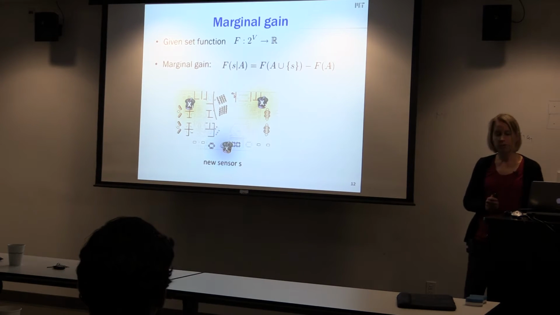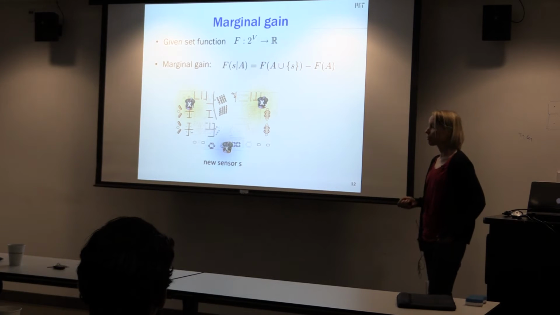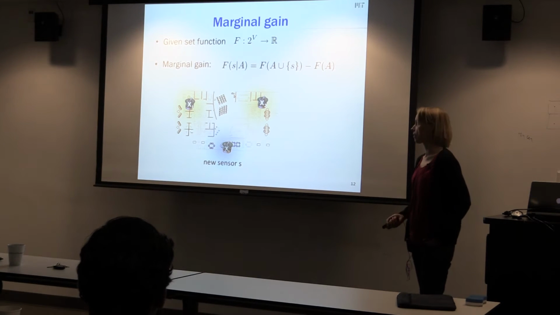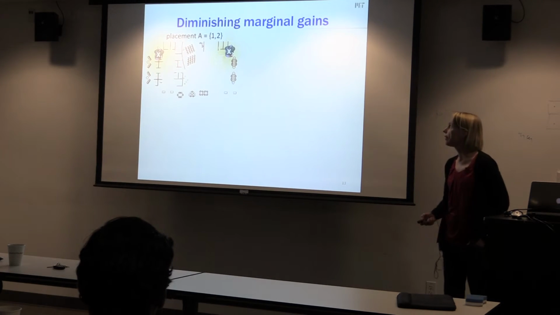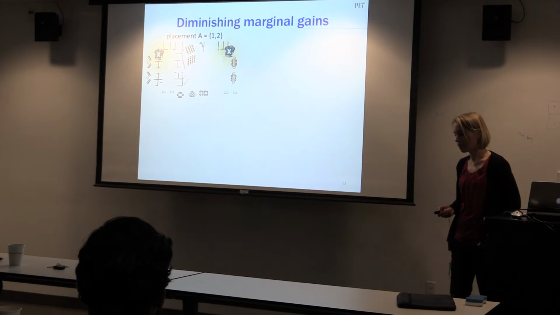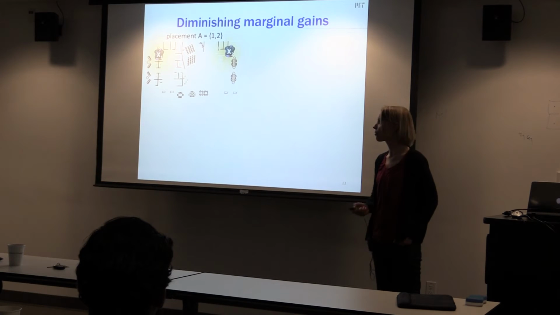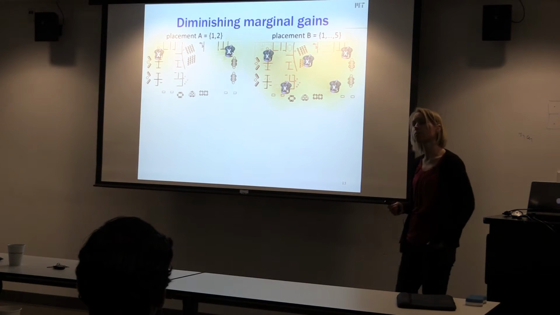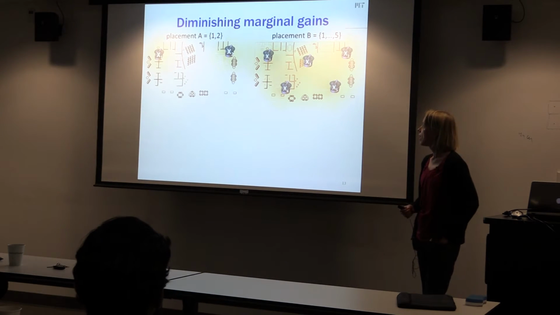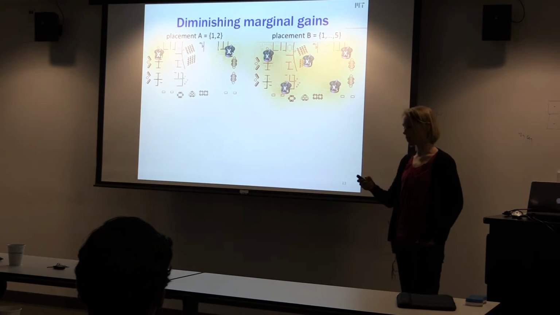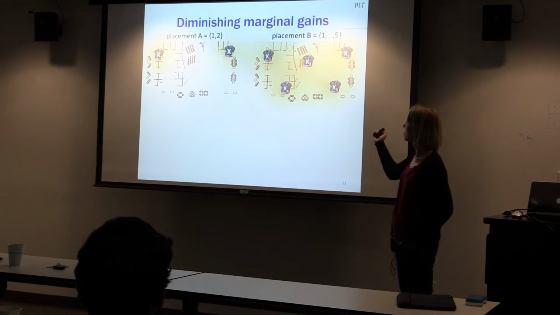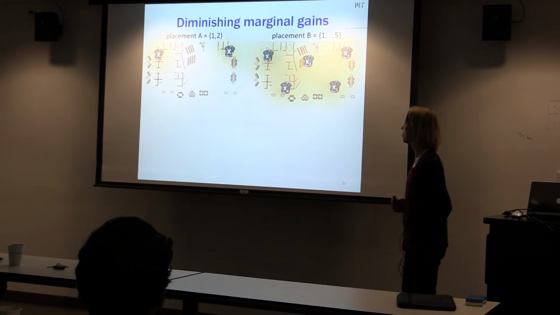Now if my function is submodular, it exhibits what is called diminishing marginal gains. What does this mean? Let's look at an example. Let's say we have 2 placements, A and B. In the first one, I have very few sensors. In the second one, I have already added more sensors. Now I look at what happens to the marginal gain of a particular element. Here B is a superset of A. That's important.